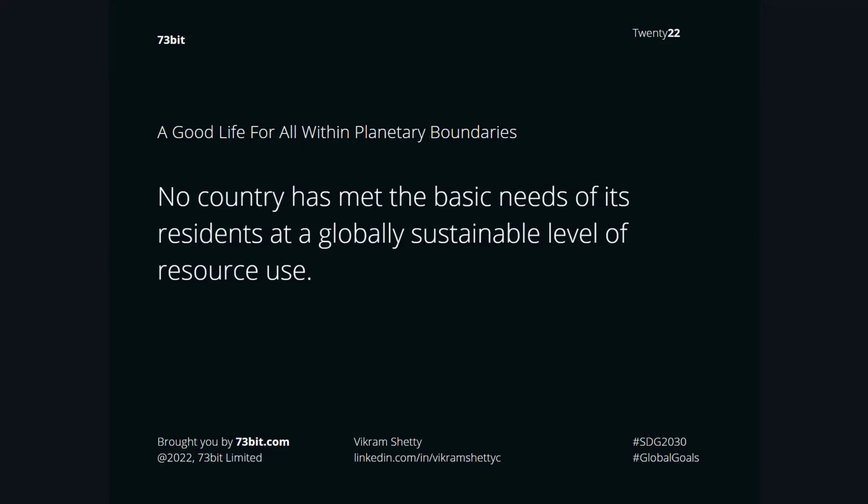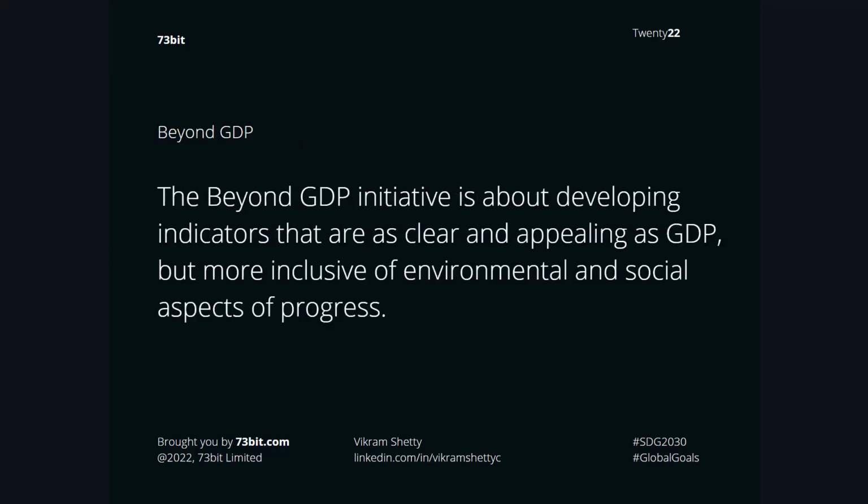There are 8 to 10 standard social indicators. Those are the indicators that they are using. And here I think there is a red mark to it. If anyone exceeds the planetary boundaries, they're not doing well. There is a ceiling there, and it's an interesting way of measuring degrowth.